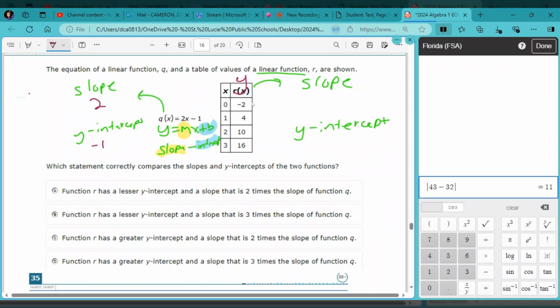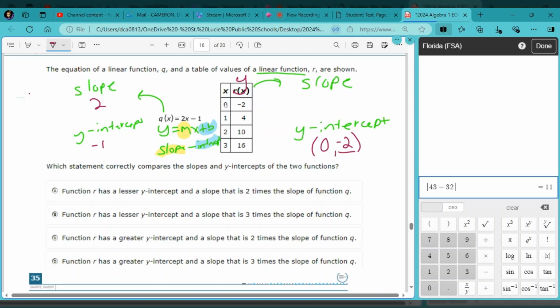And right away, what is a y-intercept? You ask yourself the question, what is y when x is 0? And when x is 0, the y-intercept is -2. They told you there.